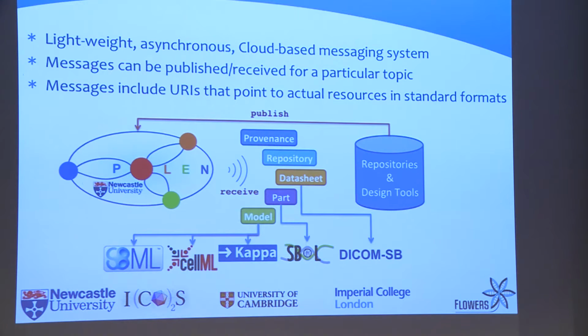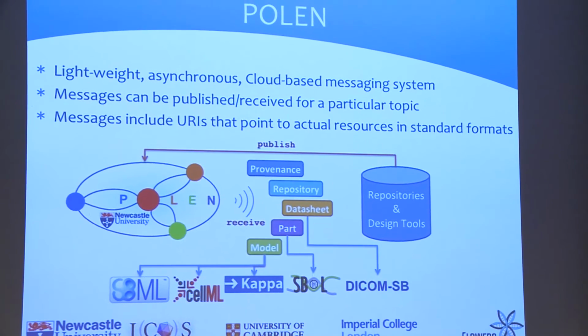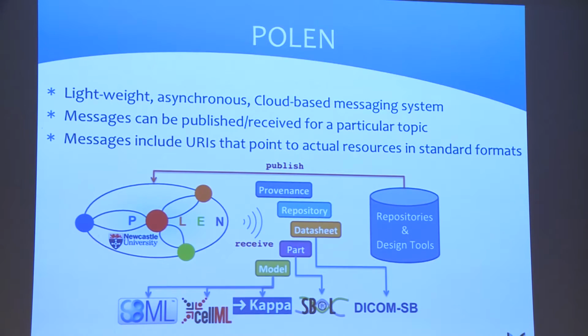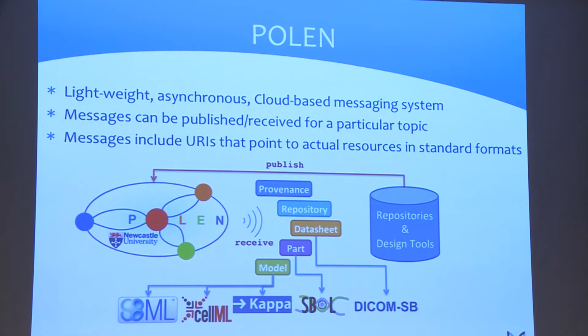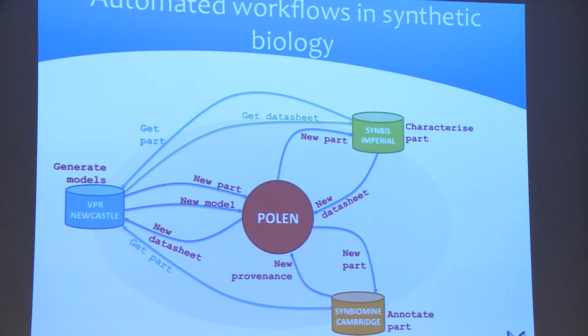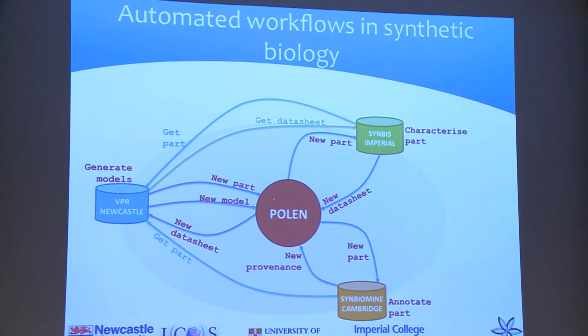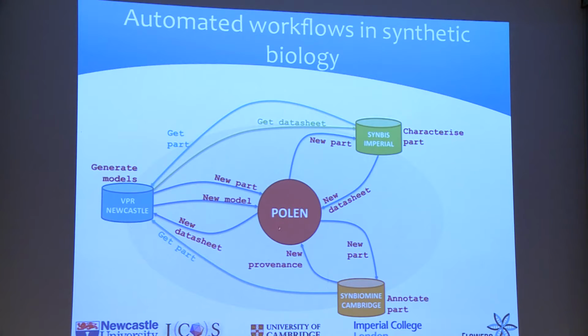Messages are really lightweight, as I said. They only include a URI, which points to the data, ideally in standard formats. One use case would be, let's say we have a new part in VPR. We publish a message saying, I have a new part, and that message is listened to by the automated characterization pipeline. The part is characterized.